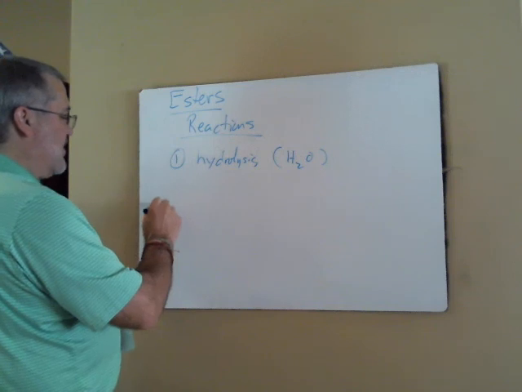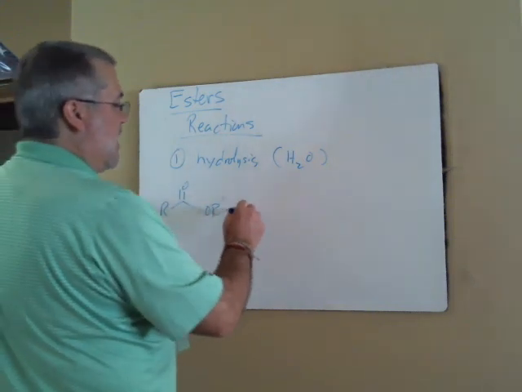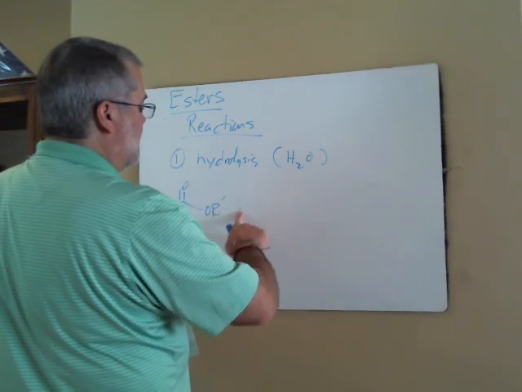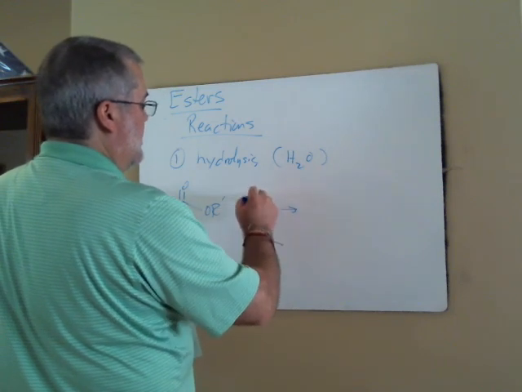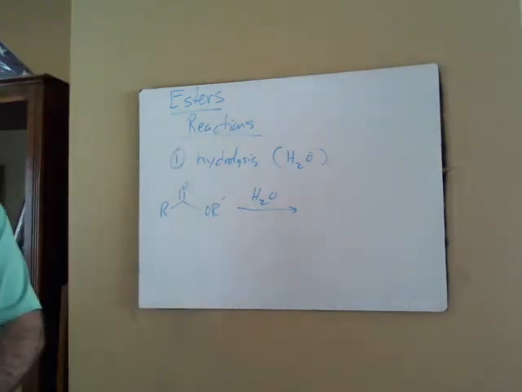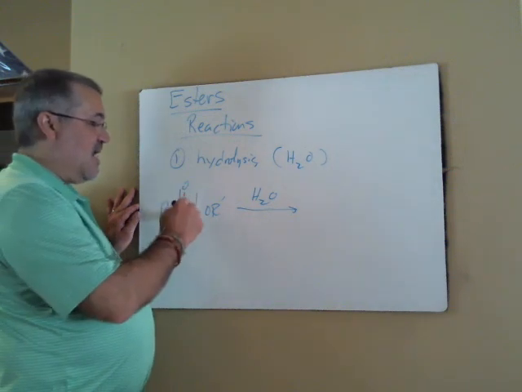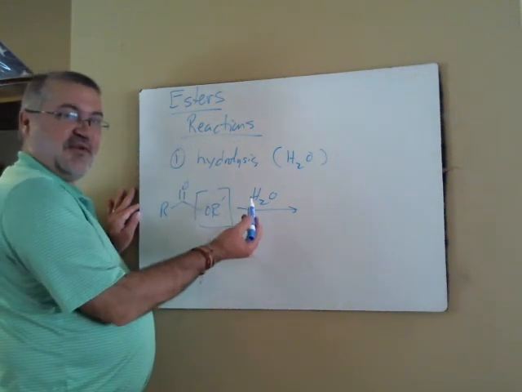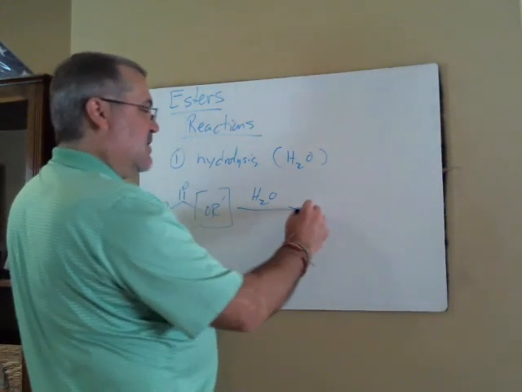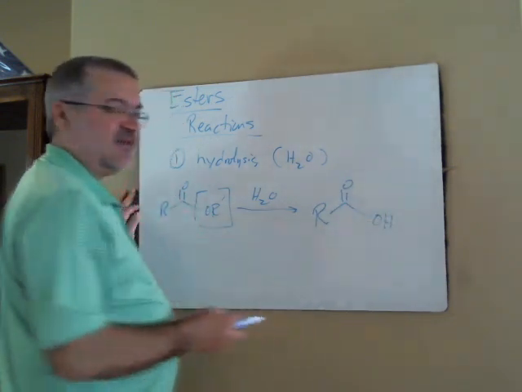Okay, and so if I have an ester and I react it with water, and let's just use an arrow, what is my product going to be? What's in the box gets substituted for what the nucleophile is, and so I know that the result is going to be a carboxylic acid.